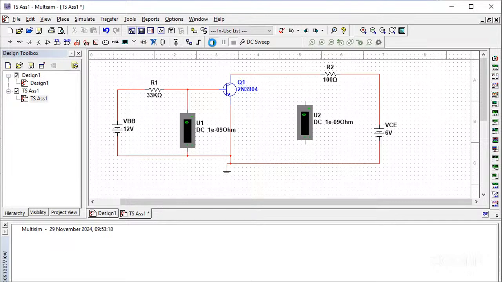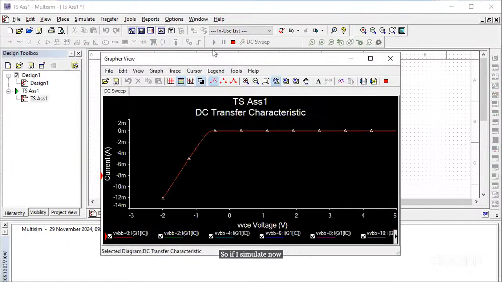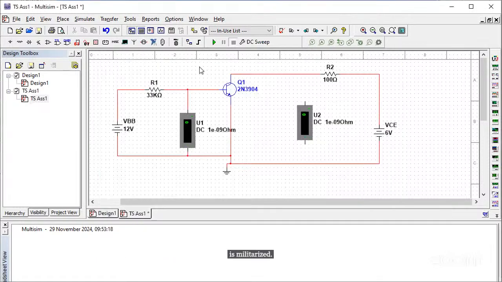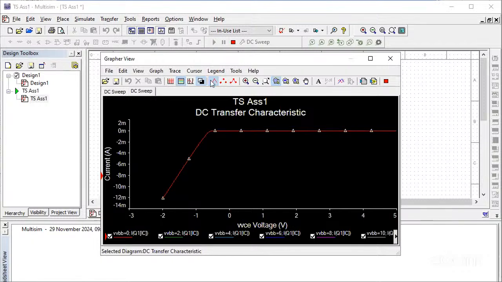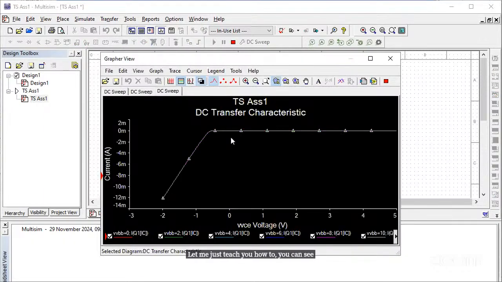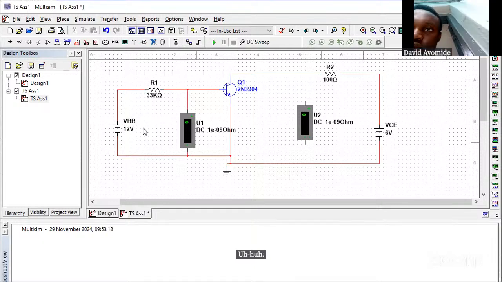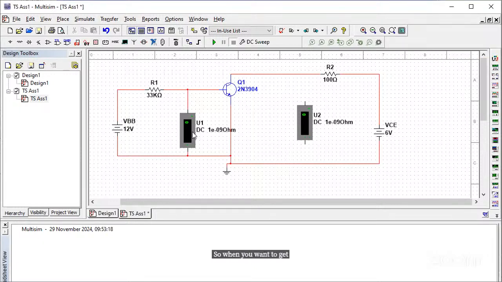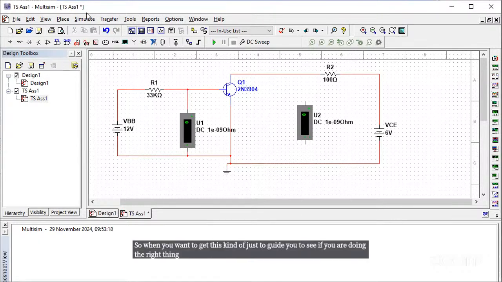So if I simulate now, let me just teach you how to. You can see the plot, isn't it? Yes, sir. So when you want to get this kind of plot, just to guide you to see if you are doing the right thing, you come to simulate.